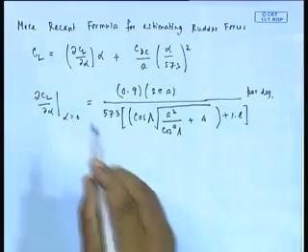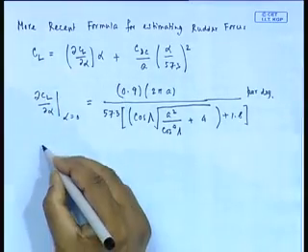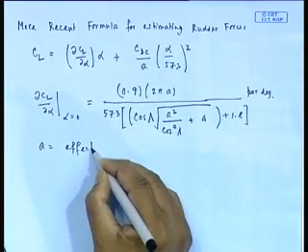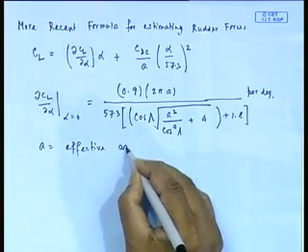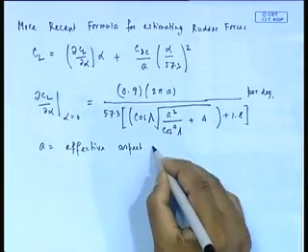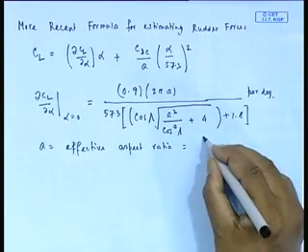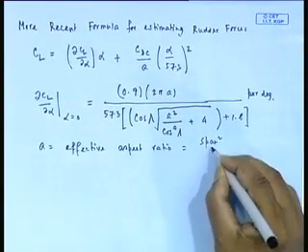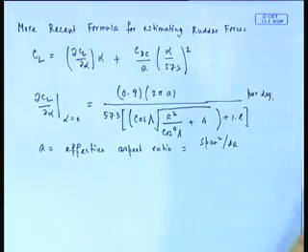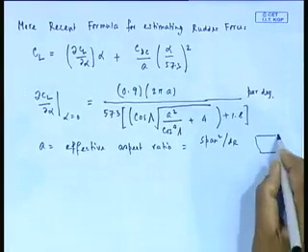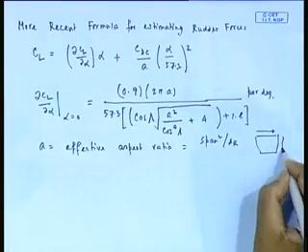So we know that A is of course the effective aspect ratio. There are different ways of defining this, but normally one defines it to be span squared by area, basically span by chord divided by this.